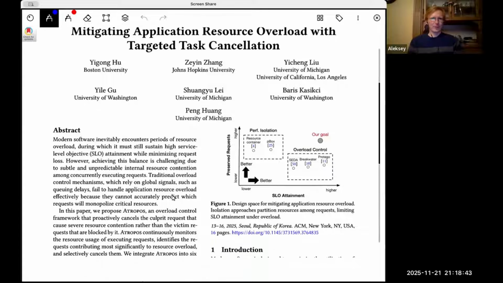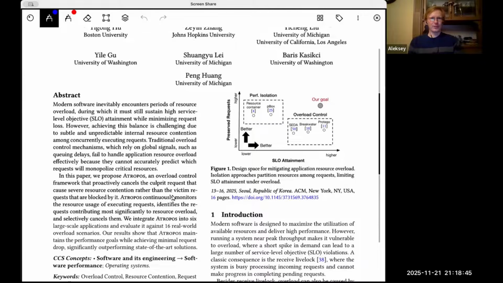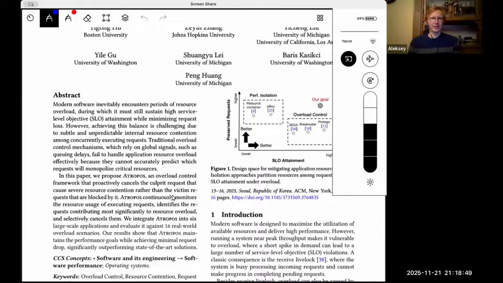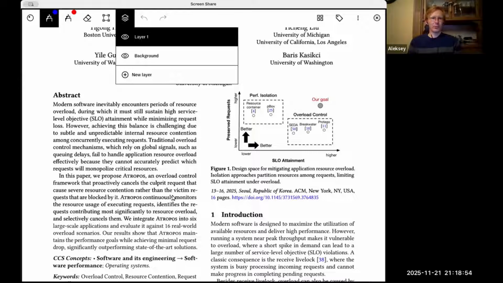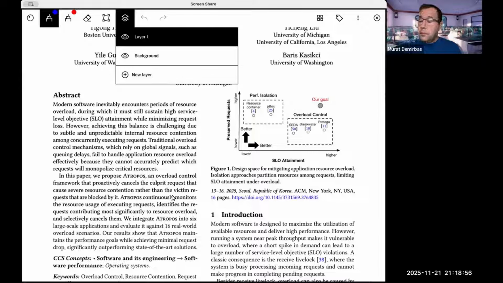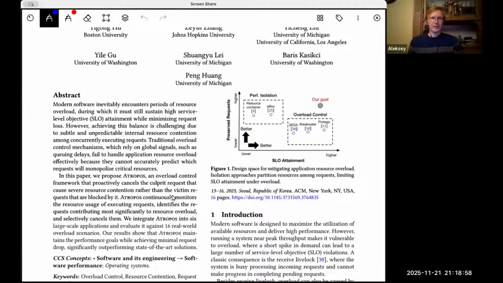Modern software inevitably encounters periods of resource overload, during which it must still sustain high service level objective (SLO) attainment while minimizing request loss. However, achieving this balance is challenging due to subtle and unpredictable internal resource contention among concurrently executing requests.